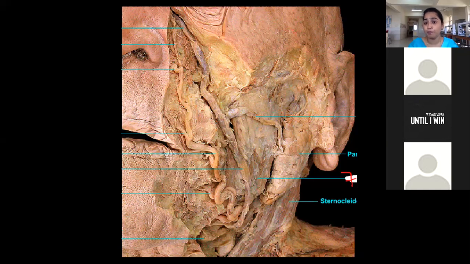Two important features I am not discussing right now, that is the dangerous area of the face and the pterygoid venous plexus. We will discuss that a bit later. Right now just understand how the facial veins are draining.